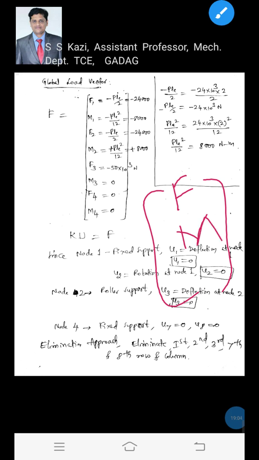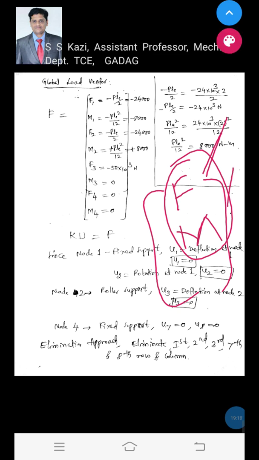At each node there are 2 unknowns, that is the deflection and rotation. Here also in the load vector you should write at each node the applied force and the applied moment.